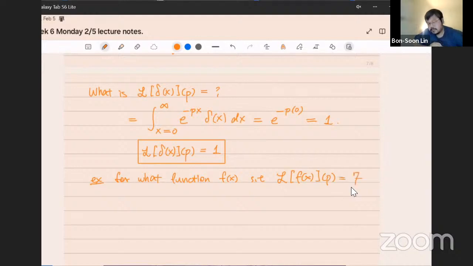So what kind of function will have a Laplace transform of 7? What do you think? Well, 7 is 7 times what? 7 times 1, right? And 1 comes from delta. So 7 comes from how many deltas? 7 deltas, right?